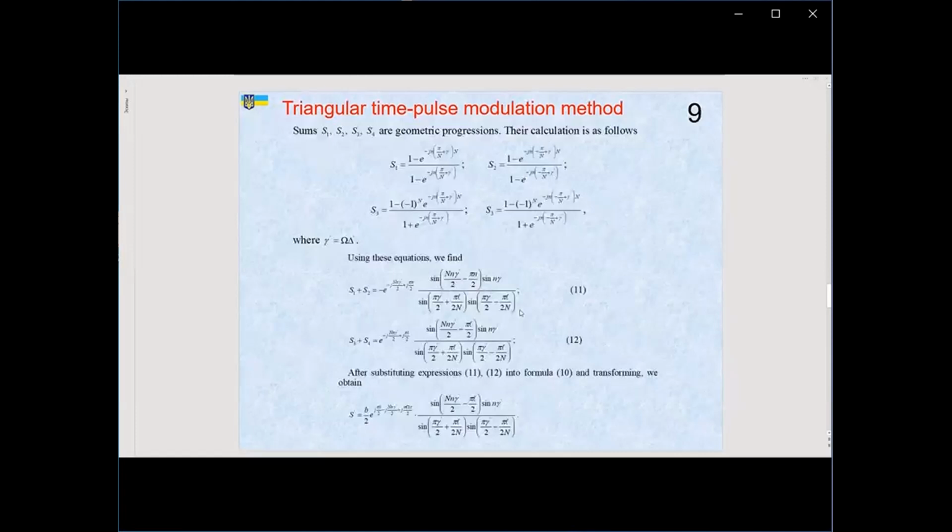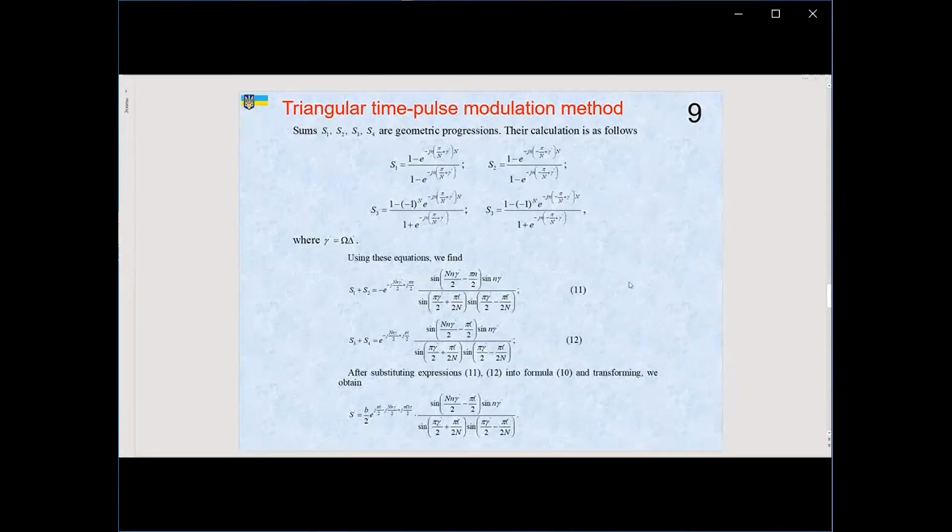The sum S of the geometric progression is calculated as follows, where gamma is lambda delta. Using these equations, we find formulas 11 and 12.